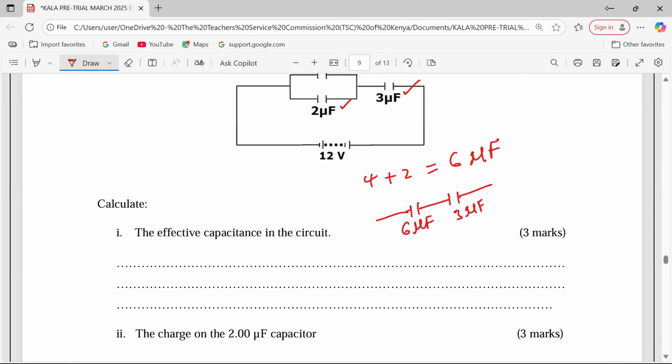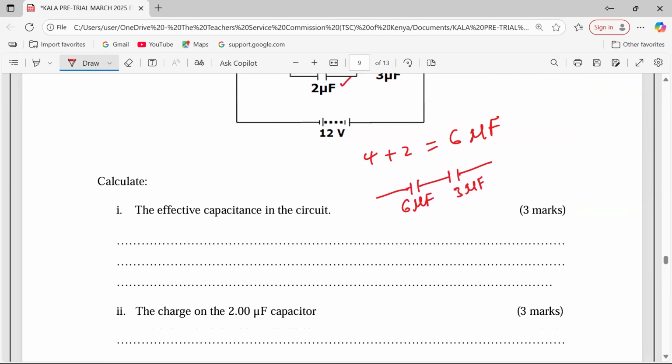Now that they are in series with one another, for capacitors the total shall be the product of the two over the sum of the two, 18/9, which is 2 microfarads.